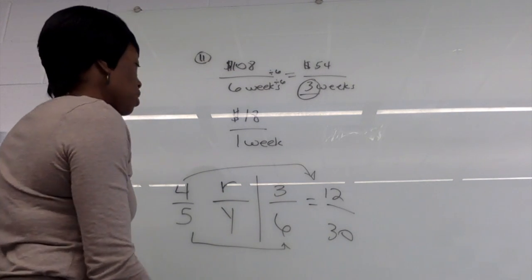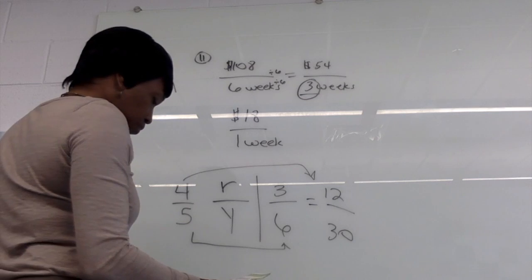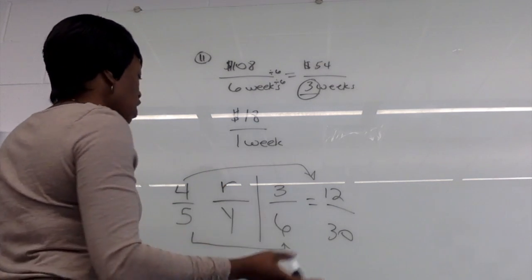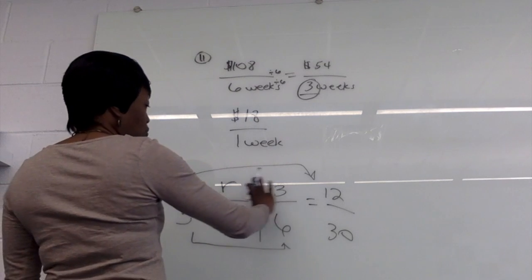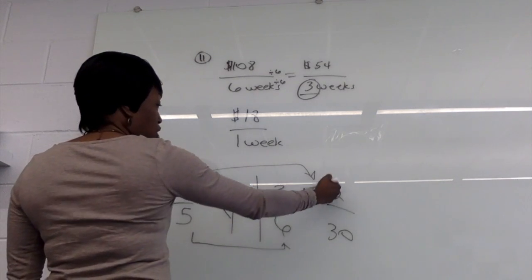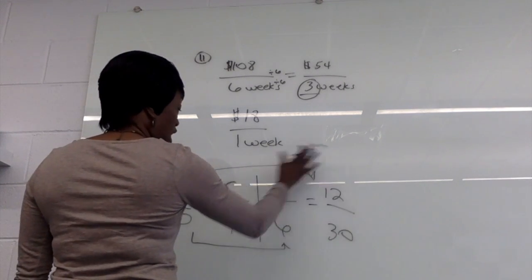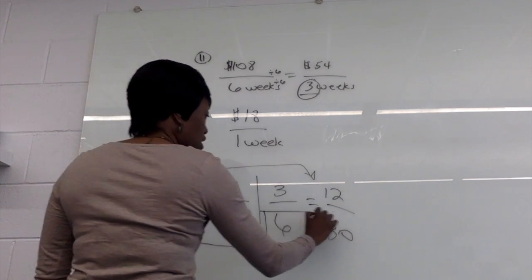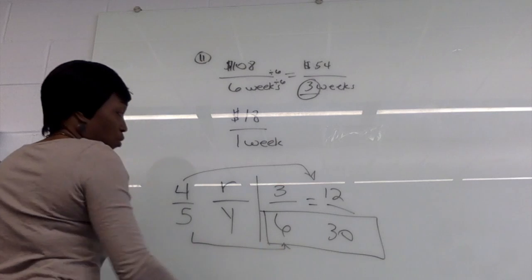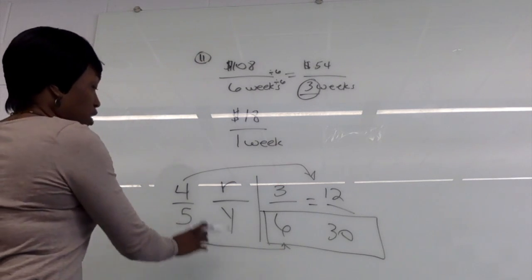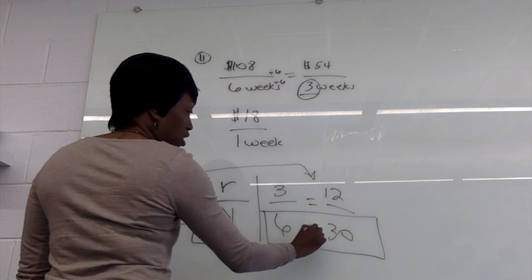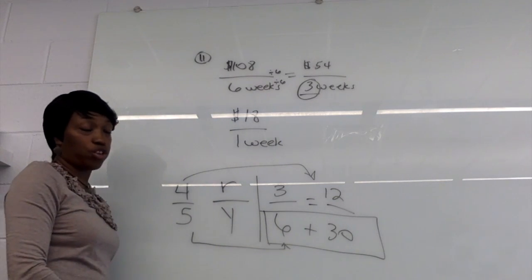So the question that's being asked is, how many yellow jelly beans were originally in the dish? Now, we just found the ratio here. We know here 12 to 30. That is the ratio of 4 to 5. But since we are looking for total yellow, we now know that the total in the dish should be the 30 plus the 6 because we're asking for the original.